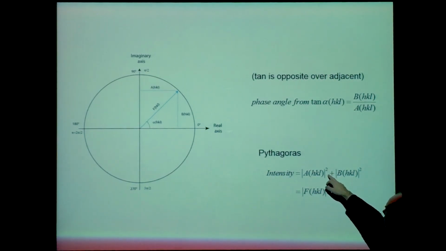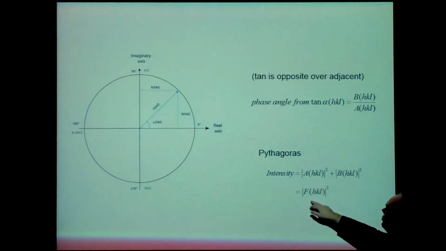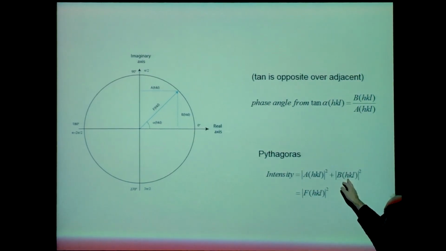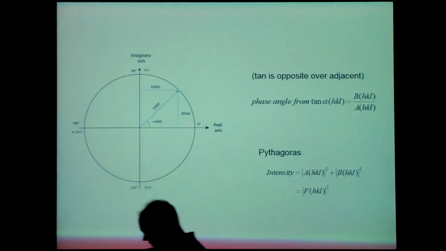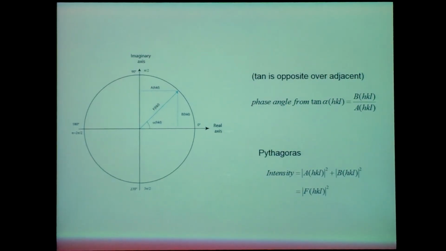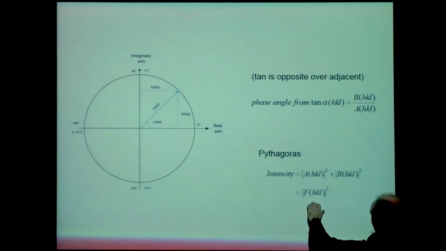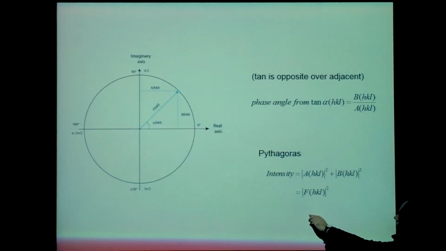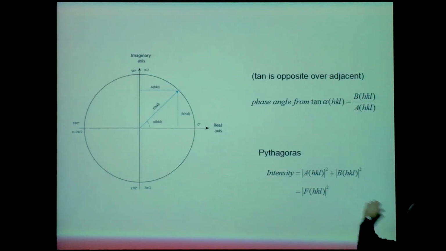It's the summation of the squares, and that gets rid of the imaginary part. So this is what the intensity of the reflection is given by: the summation of the real and the imaginary component. You'll notice when we do that we actually get rid of any angular information. You can't get any angular information from this. F squared is actually the intensity that's measured. You don't get any angular information; it's lost.